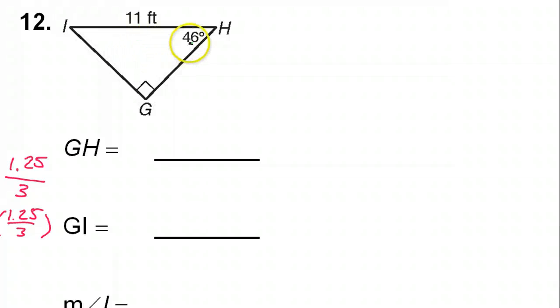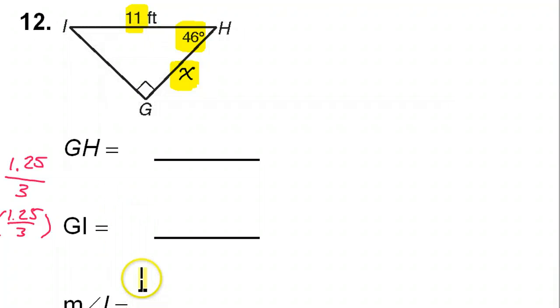This time we're given one of the angles, which makes things pretty easy. So if we're given one of the angles, then GH would be right here. That means I'm dealing with this side, this angle, and this side.